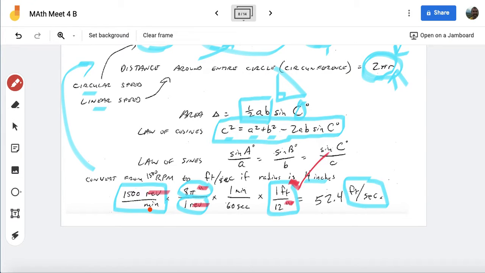Right now I have minutes in the denominator, so I need to move minutes up into the numerator so they cancel out. 1 minute is 60 seconds. Now you just multiply across. 1500 times 8 times pi times 1 times 1 divided by 60, also divided by 12, and it comes out to this. Wow, that's a lot of work just for the notes.